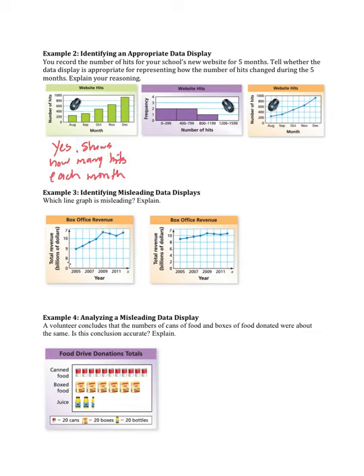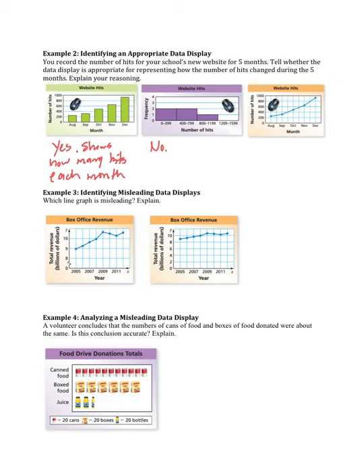All right, next we have a histogram, and we can see there were 2 months that had a number of hits somewhere between 0 and 399. There were 2 months that had between 400 and 799 hits, and there was 1 month with between 800 and 1,199 hits. I don't know about you, but I can't tell anything from looking at this.